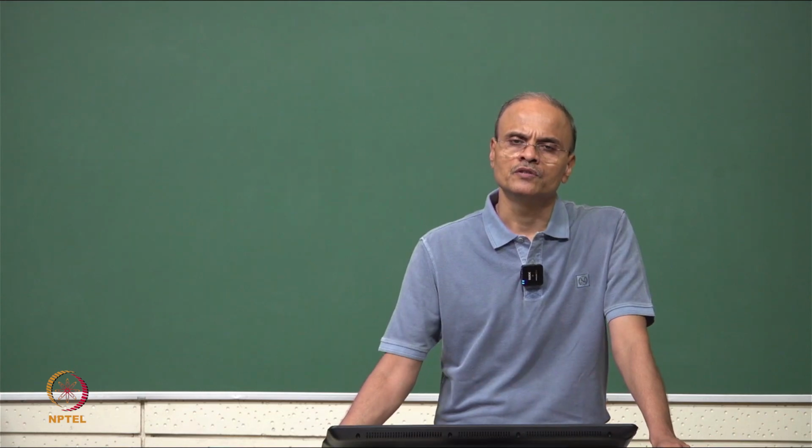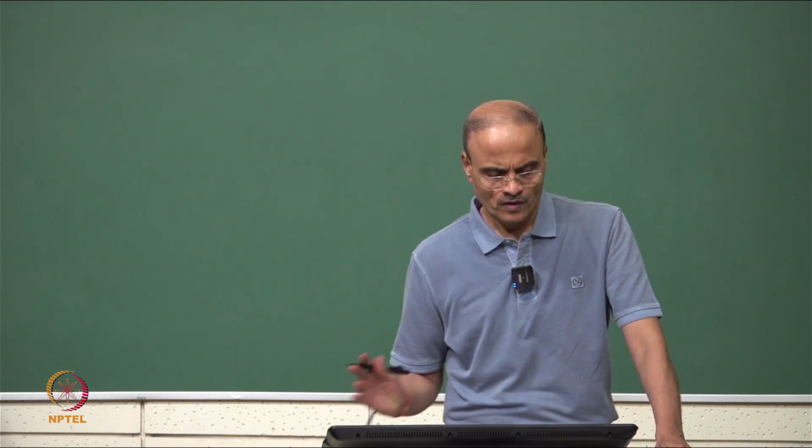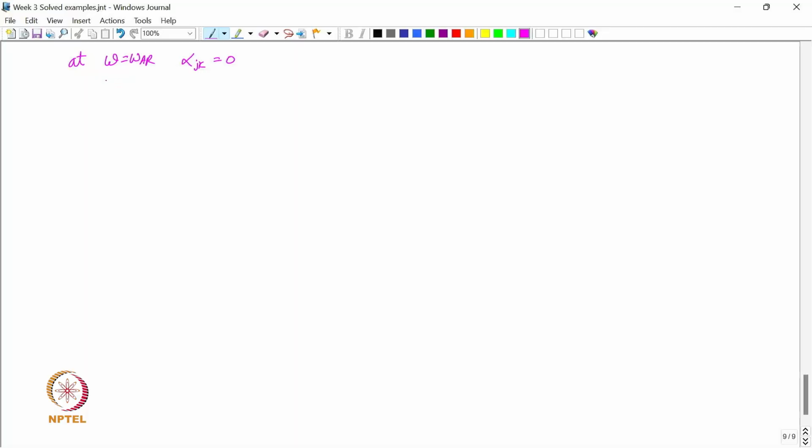So, therefore, determinant of Z JK should be equal to 0, right, and what is now Z? It is the dynamic stiffness matrix, which is K minus omega square M. So, it means it is K JK minus omega square M JK is equal to 0.